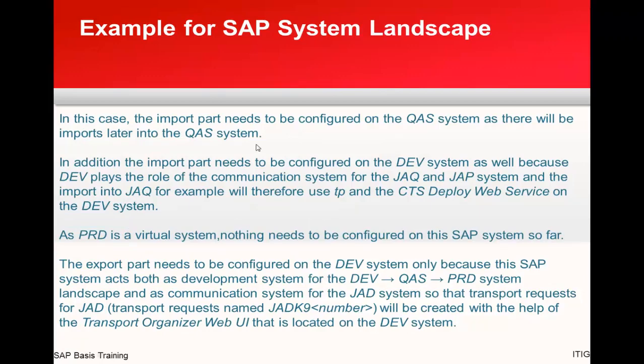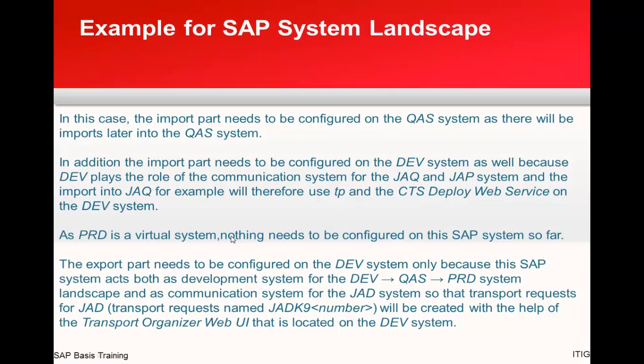In this case the import part needs to be configured on the QA system, as there will be imports later into the QA system. In addition, the import part needs to be configured on the dev system as well, because dev plays the role of the communication system for these two, and the import from QA will therefore use TP and CTS deploy web service on the dev system.